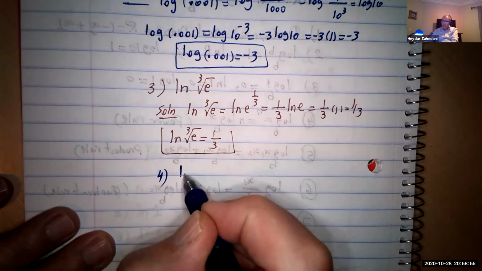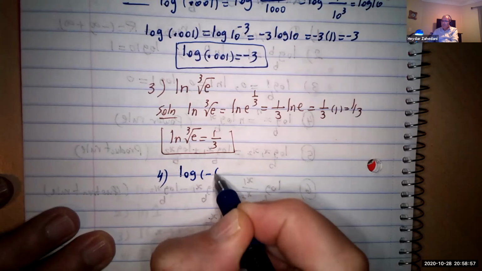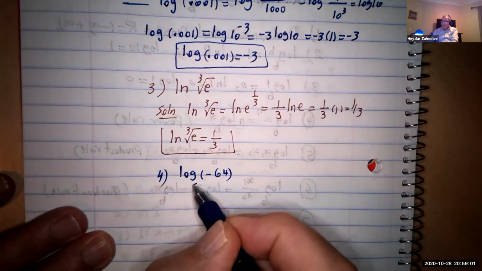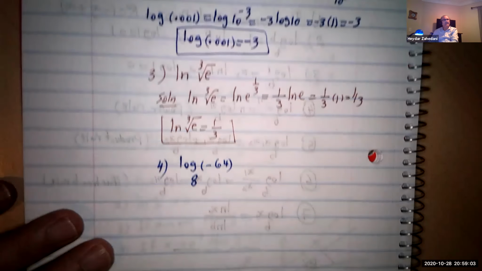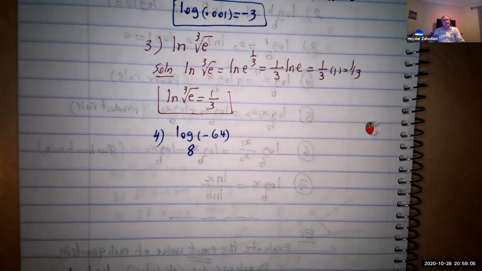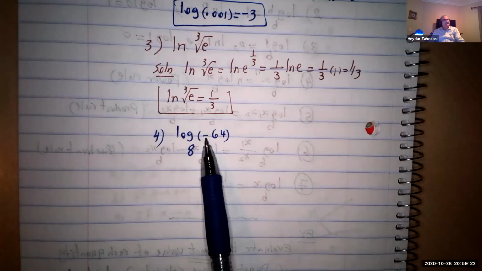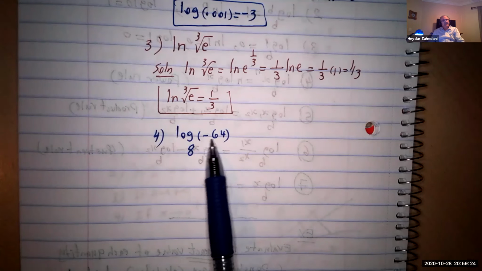The next one is the log of negative 64 with base 8. The base is 8. Any suggestion for this one? You see, it's a negative number.